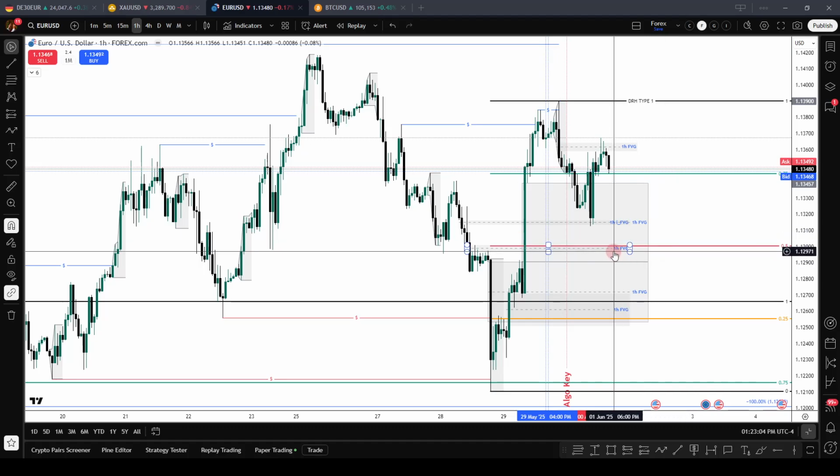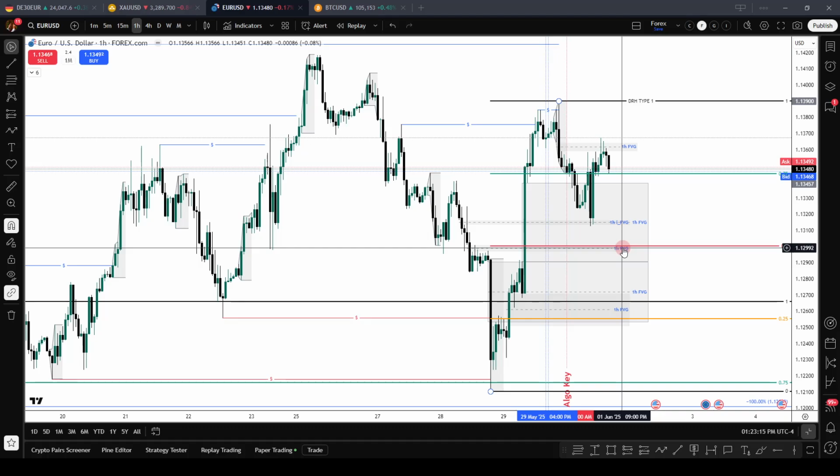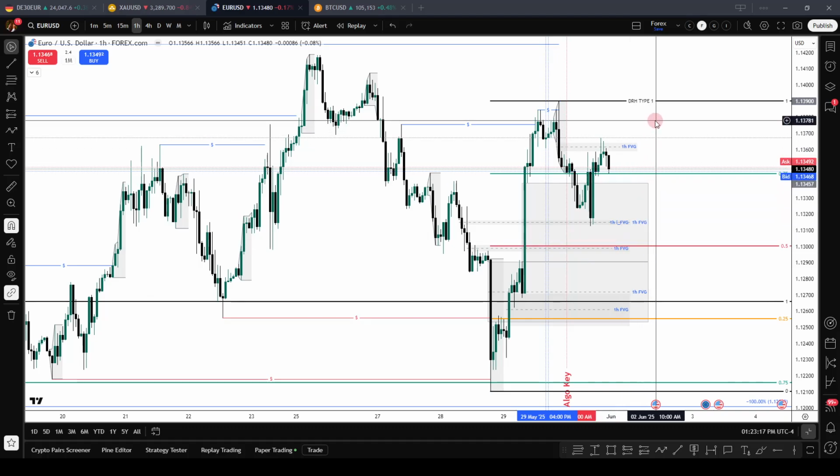We also have the fair value gap here, which is inverse and which potentially might help as well to make a bounce here and turn upwards.